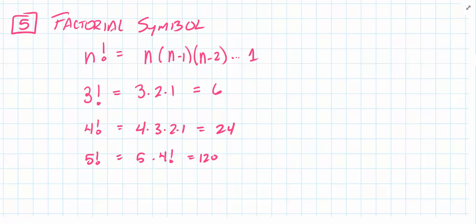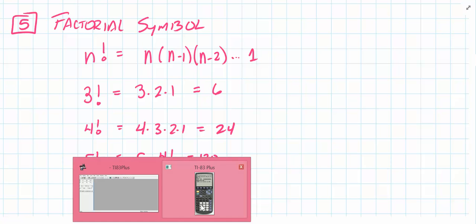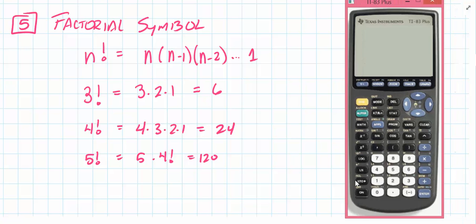We have a couple of special cases, everybody, that I want to talk to you about, but I want you to discover them on your own. Calculator. And here we go. I'm going to show you where this button is on your calculator. So let's do 5 factorial. We hit 5. Then click the math button here on the left-hand side.